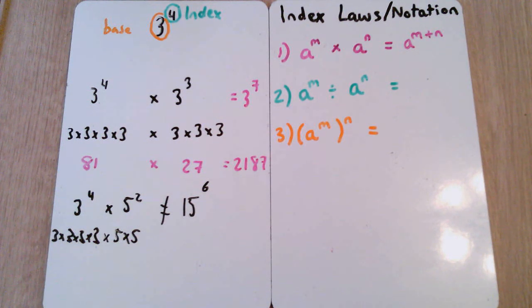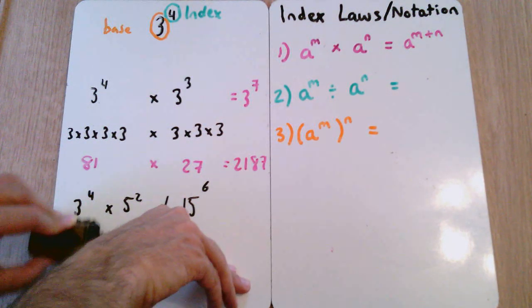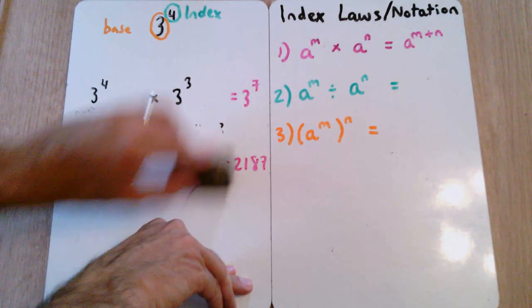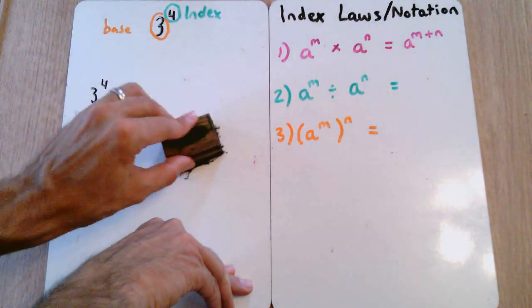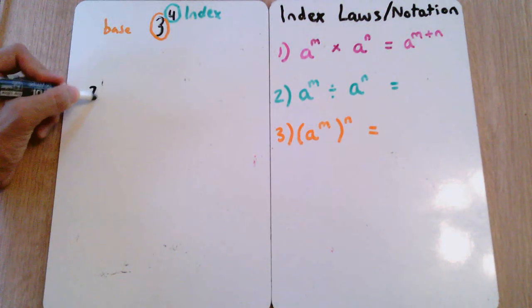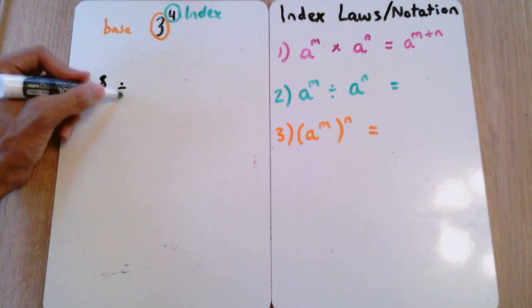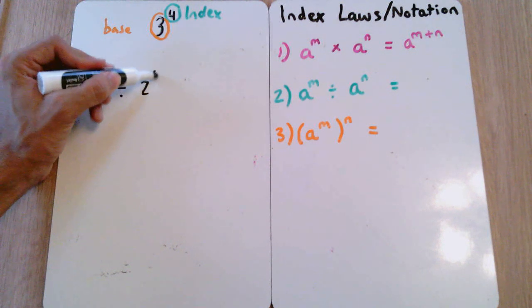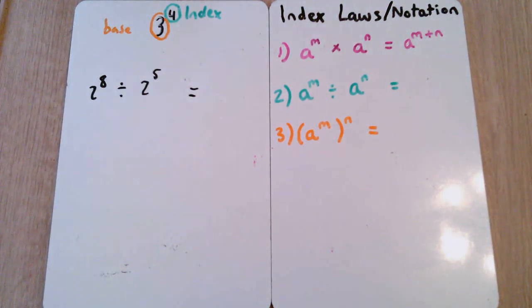Now we also have the rule of division. So let's take a look at that. If I tweak this question and rewrite it, instead of 3 to the 4 times by 3 cubed, let's say 2 to the power of 8 divided by 2 to the power of 5.